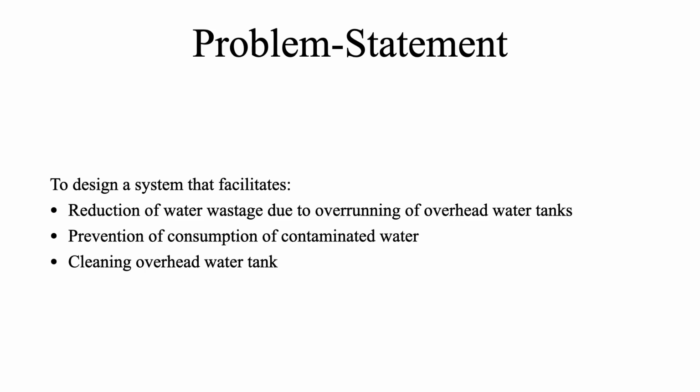This is done through checking the water quality through a suite of water quality sensors and updating these water quality values on the server via IoT so that the user can go through these values and take the corresponding actions. And our final objective is to clean the overhead water tank periodically.